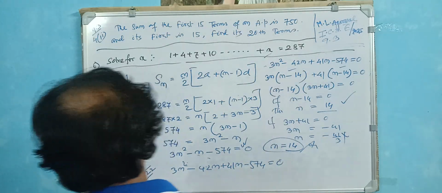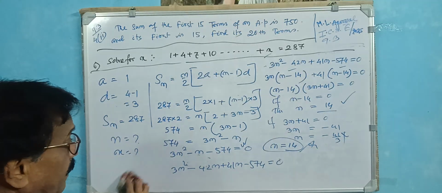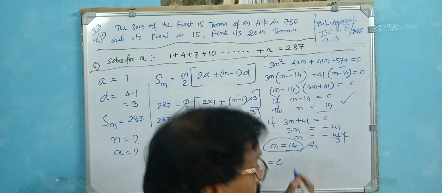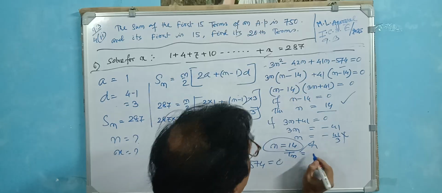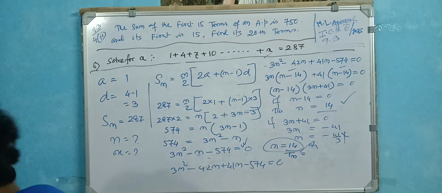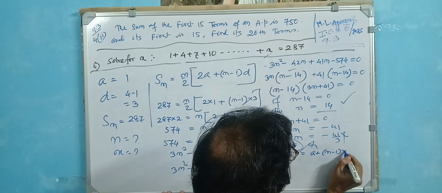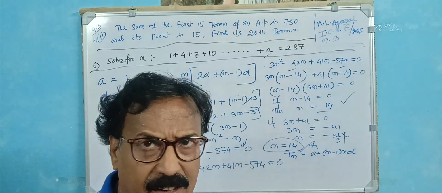So here Tn, you just see Tn is equal to a plus n minus 1 into d. Is it clear?